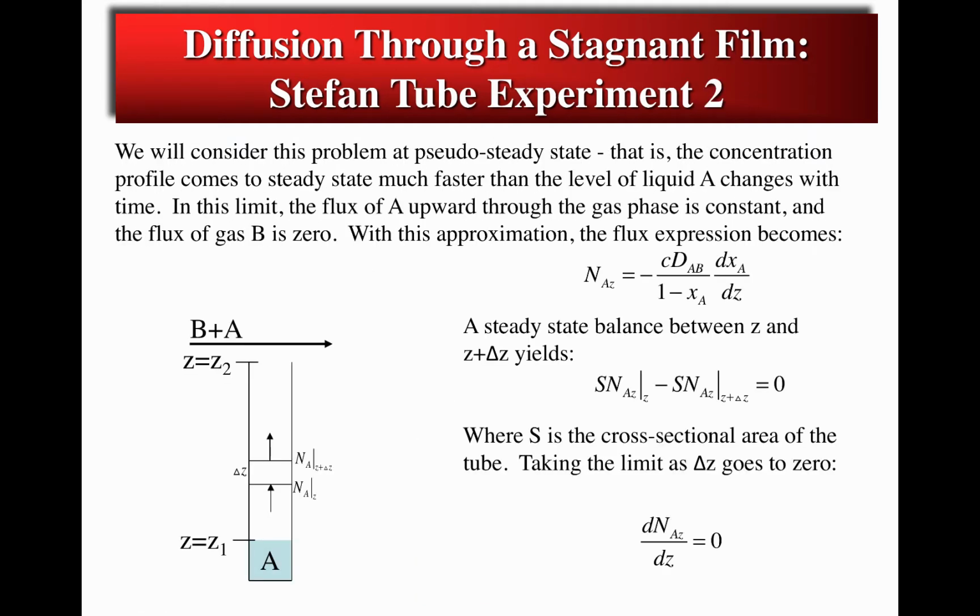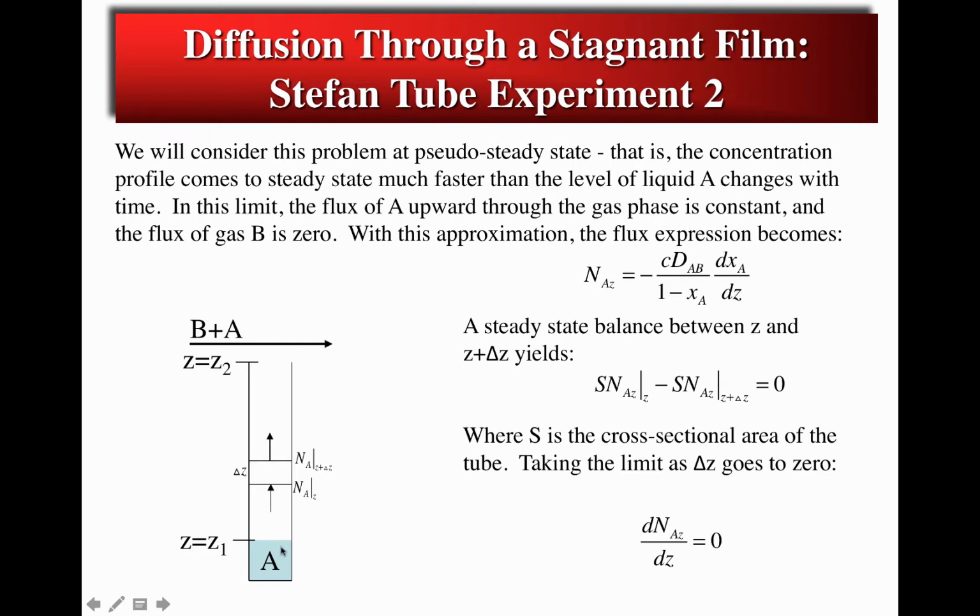We're going to consider this problem in the pseudo-steady state limit. That is, that the concentration profile of A in this gas phase establishes itself much faster than the rate at which the liquid A is depleted by evaporation.